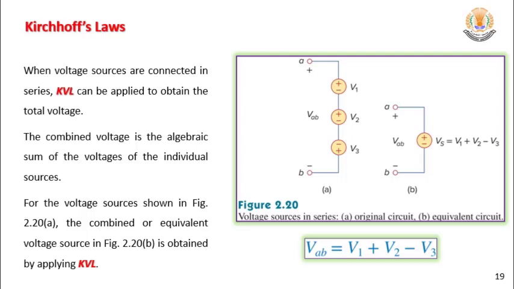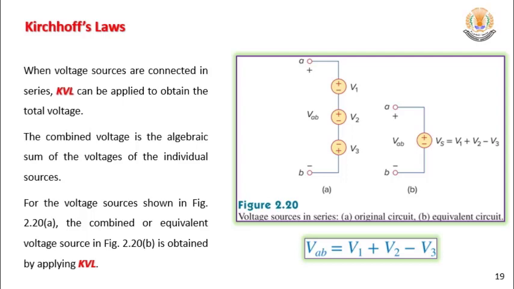Positive. So if you are here, imagine here a source. This source is called VAB. A is positive. So if we move negative positive, positive negative, positive negative, negative positive. So VAB equals V3 plus V2 minus V1.